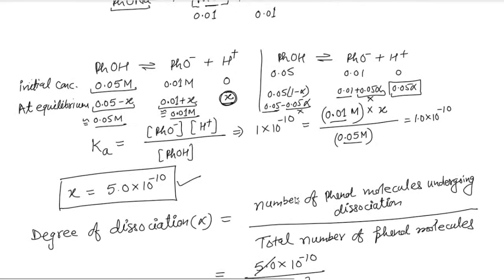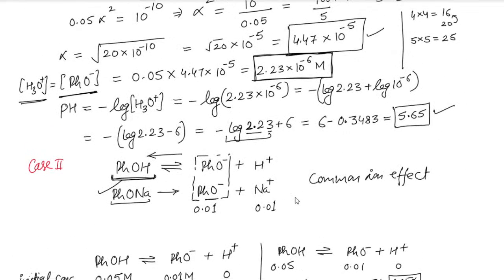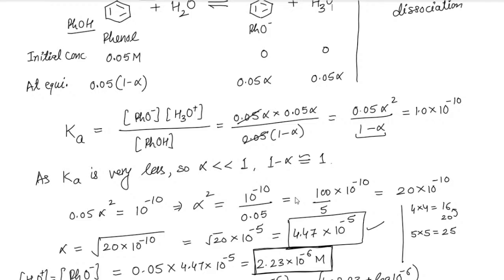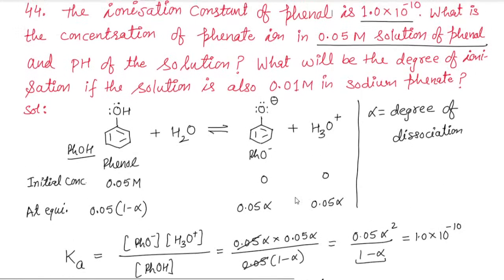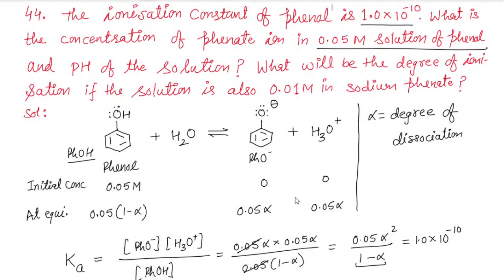See, quick review. The difference is only here. In the first case, we have the initial concentration of phenol as 0.05 and the initial concentration of phenate is 0. But in the second case, phenol is 0.05 only, but in addition to that, phenate is 0.01.